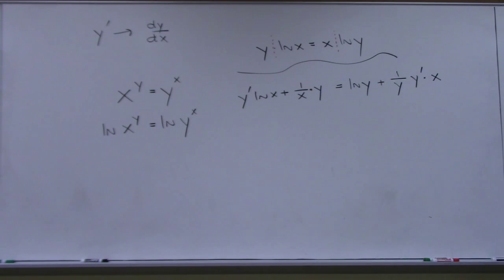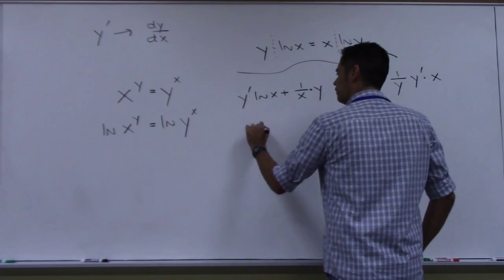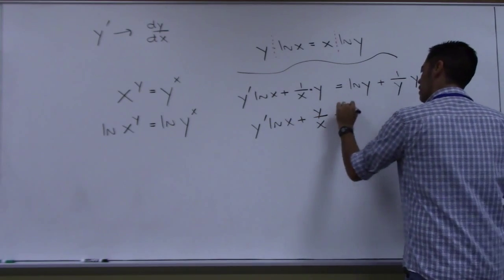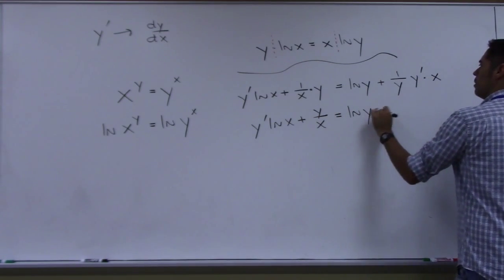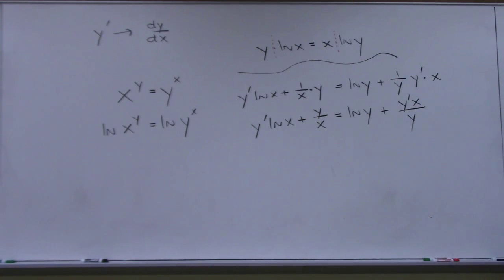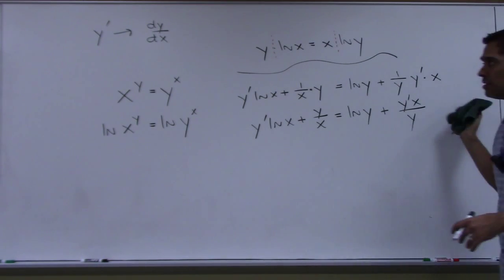What are we solving for? Y prime. Do you see y prime in here? It's on both sides. So I'll clean up first. What was the standard protocol if we have this sort of implicit differentiation where we're solving for y prime? After we've taken the derivative, everything that has y prime goes to one side, everything that doesn't to the other side.